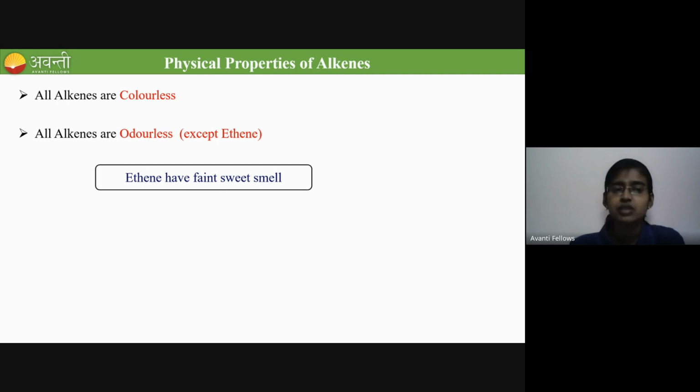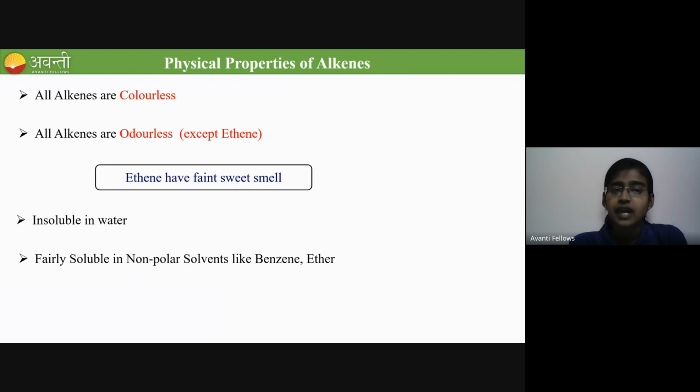Coming to solubility, most of the alkenes are almost insoluble in water. They will not get dissolved when we put the alkene in water, but they are fairly soluble in non-polar solvents. Water is a polar solvent.